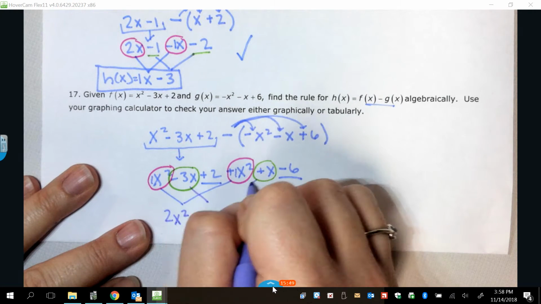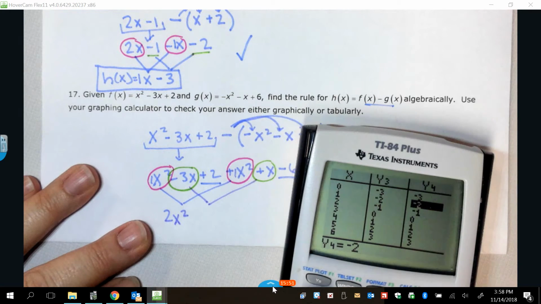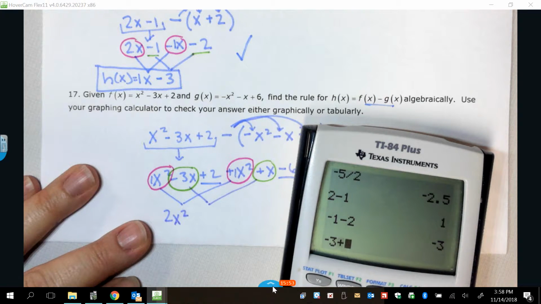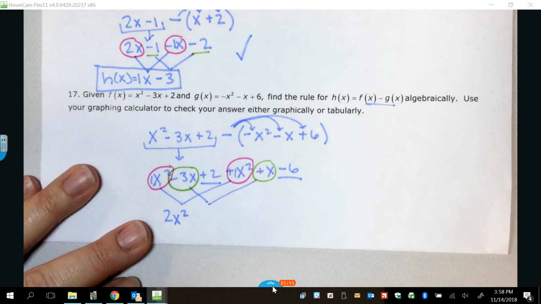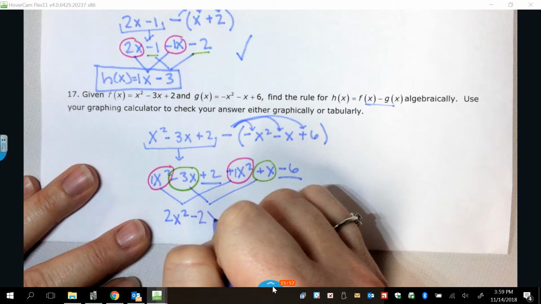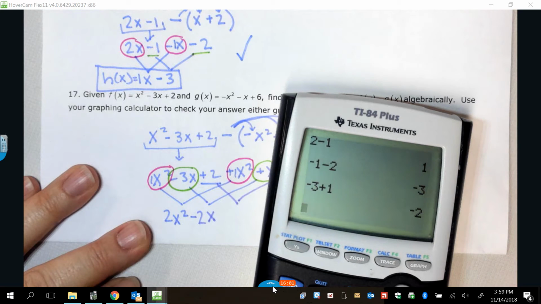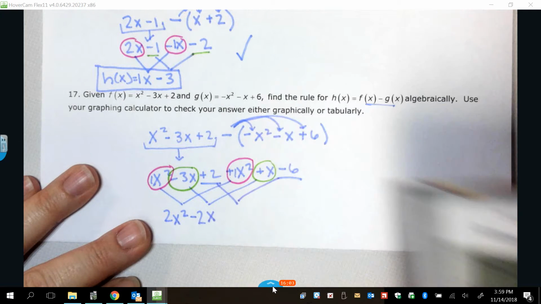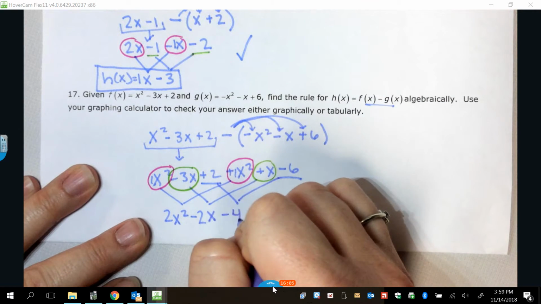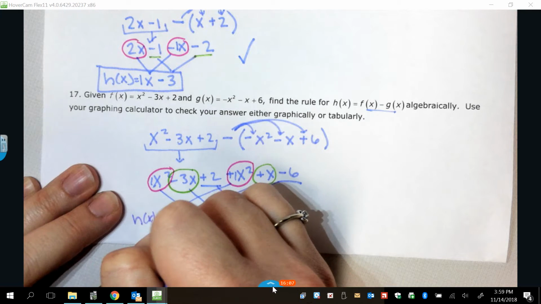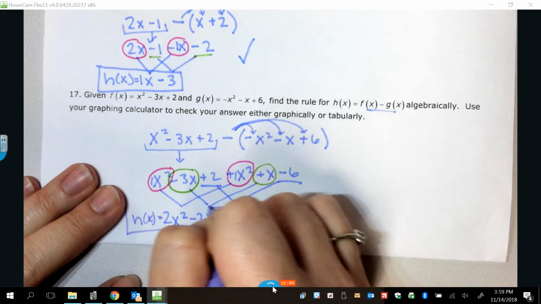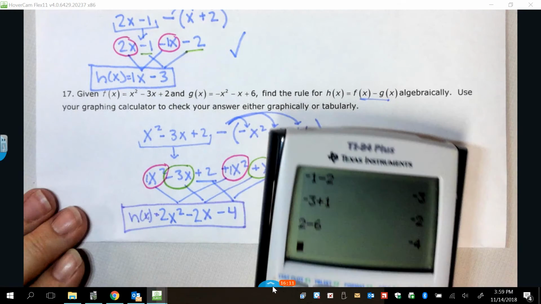Negative 3x plus x, so negative 3 plus 1 is negative 2. Just don't forget to put our x back. And 2 minus 6 is negative 4. That is my answer. Okay, so I need to check it.